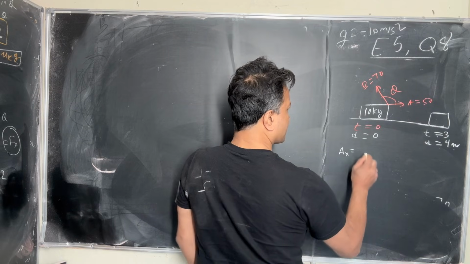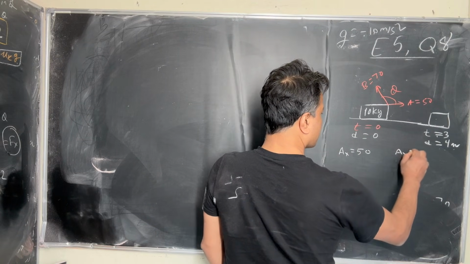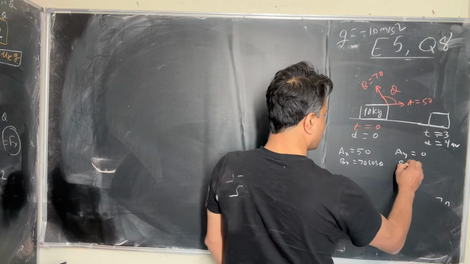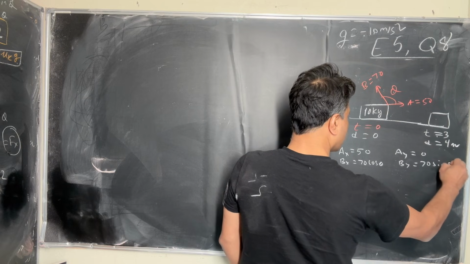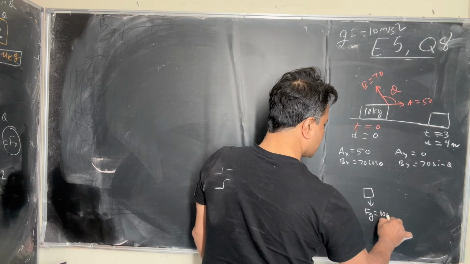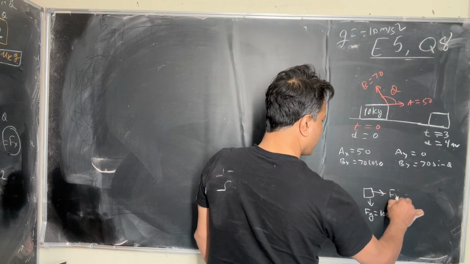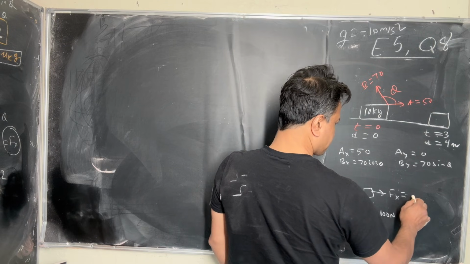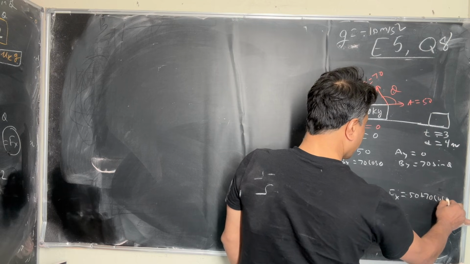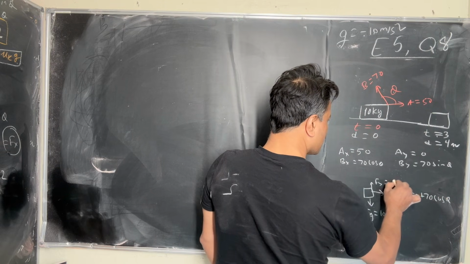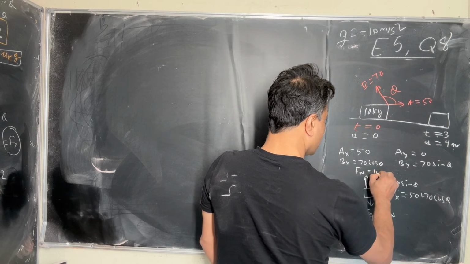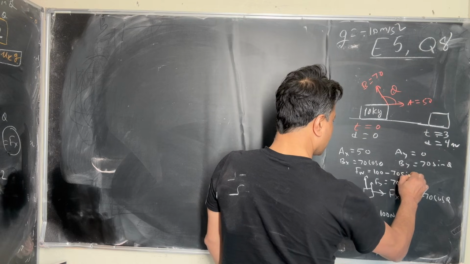Ax is 50, ay is 0, bx is 70 cosine theta, by is 70 sine theta. Fg is equal to 100 Newton. Fx is equal to 50 plus 70 cosine theta. Fy is equal to 70 sine theta. Fn is equal to 100 minus 70 sine theta.